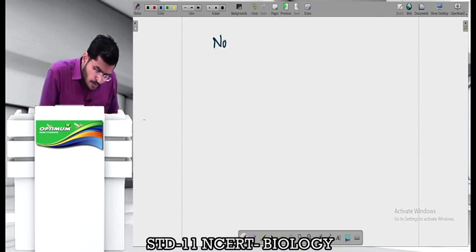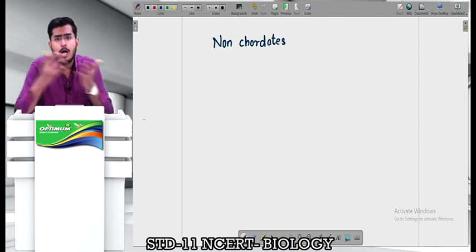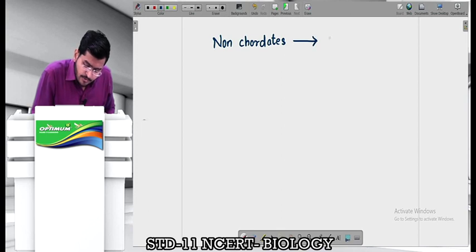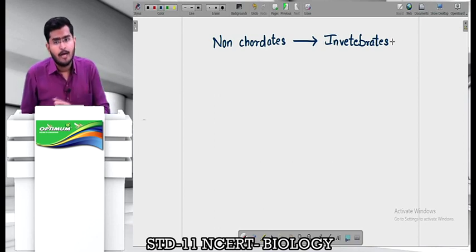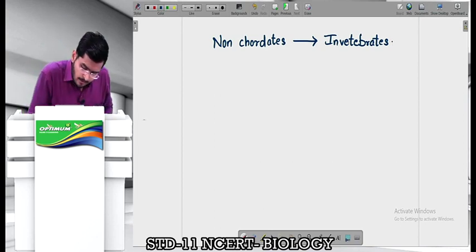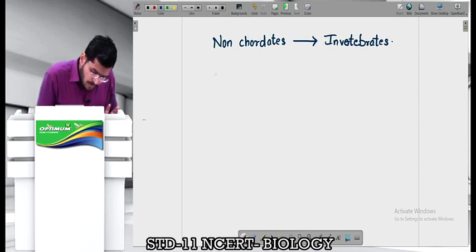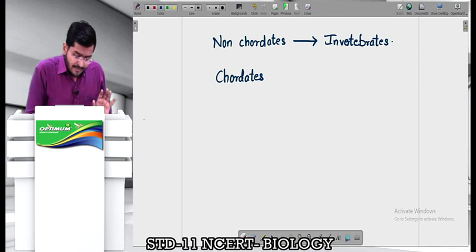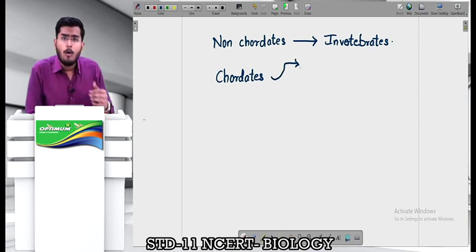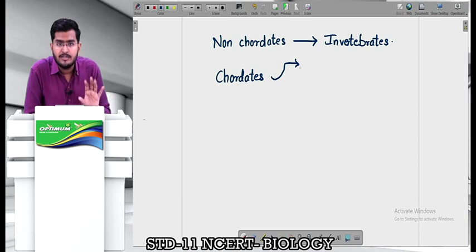Please understand, non-chordates do not have a notochord, so they cannot get a vertebral column क्योंकि notochord से ही vertebral column बनता है. So non-chordates are basically going to be invertebrates. But if I talk about chordates, these organisms have a notochord, right? But let me tell you that there are some chordates which have a notochord only in their juvenile state, only in their childhood.